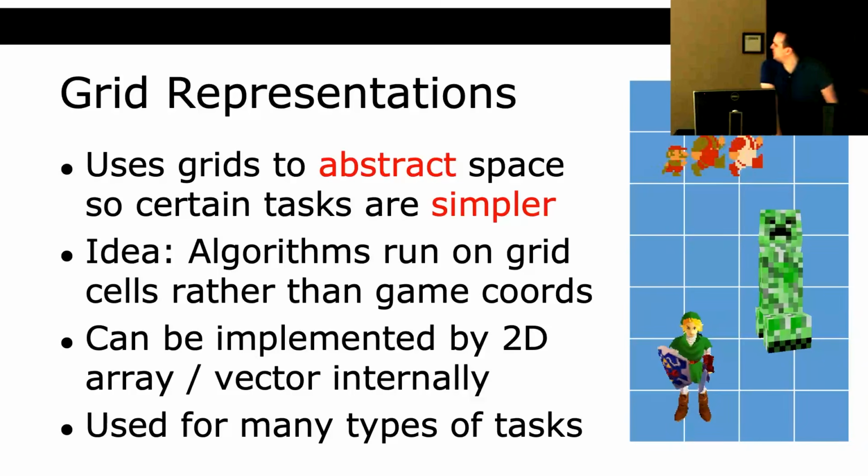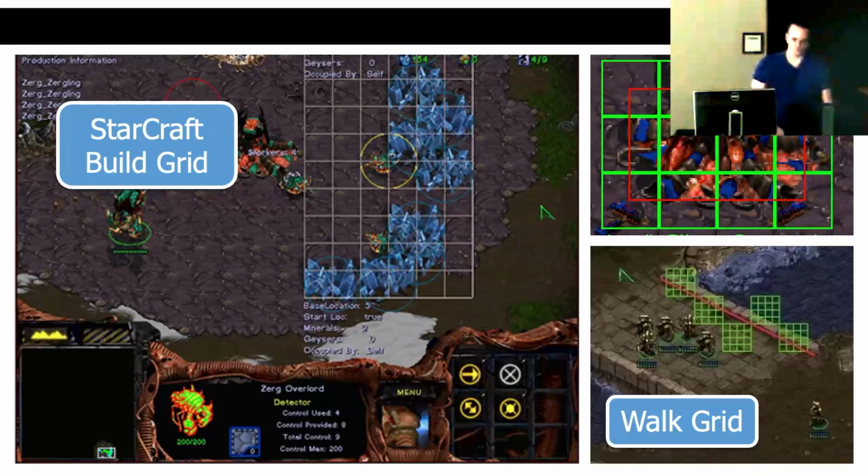And it's used for many, many, many different types of tasks. And so I'll just show a couple here. So this is a screenshot from the game StarCraft, and a lot of my research has to do with this game. I know it's a very old game, but it has a lot of interesting problems that you can solve within it. For example, something that you can do in this game is build a colony or a town or a base.